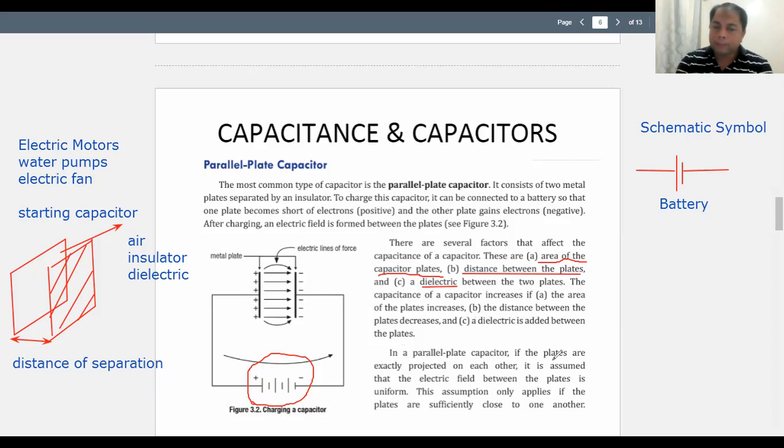In a parallel plate capacitor, if the plates are placed very close to each other, and you move them farther apart, what happens? The electric field that is set up is believed to be equally distributed all throughout the plates, compared to when they are far.